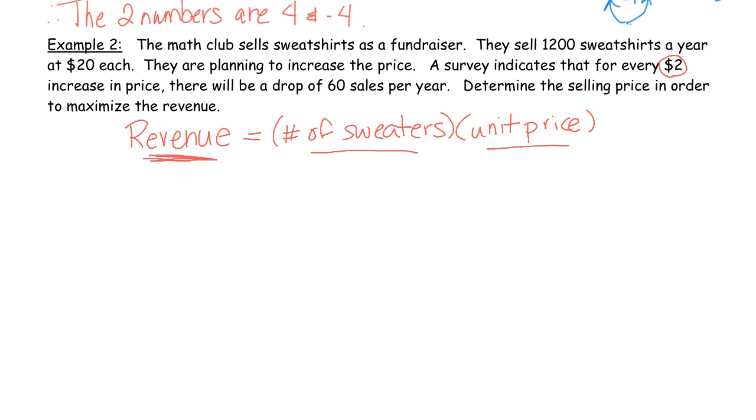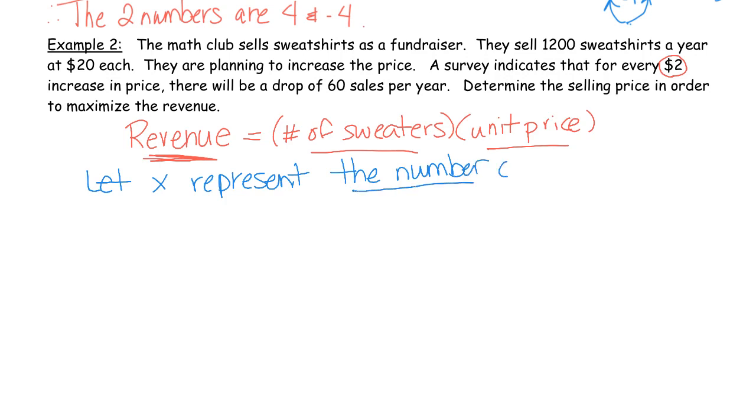So let's start there. We're going to let X represent the number, and that part's really key, stating it's the number of $2 increases. So if I have 3 $2 increases, then the price is going up by $6.